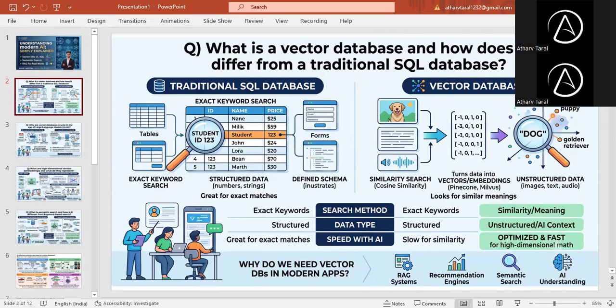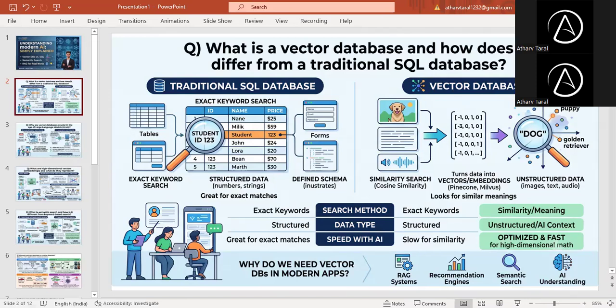But there is a big shift when we talk about AI and machine learning. When it deals with images, long text, and audio, we cannot just put them in a simple table. Instead, we turn that data into numbers called embedding vectors.